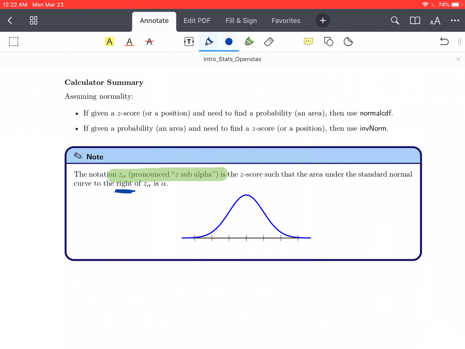As you've seen in these last examples, we like working to the left when we're talking about area under the curve, but z sub alpha is whatever z-score it takes so that this area to the right is alpha, whatever that may be. Usually it's a pretty small value, less than 0.05, less than 5%. But we'll talk more about what alpha exactly means in future sections.